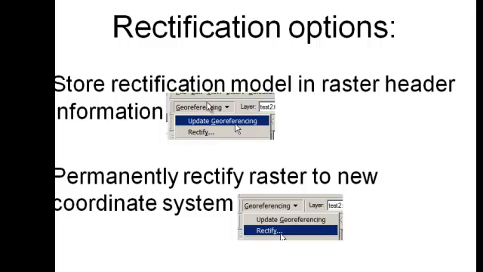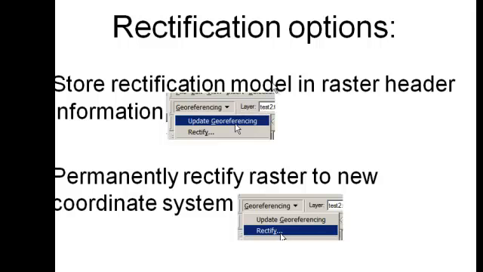One option is to go to the georeferencing toolbar and choose Update Georeferencing. That simply stores the georeferencing model in a raster world file or raster header information. So every time you use that raster in ArcMap, it's smart enough to display it using the georeferencing model.